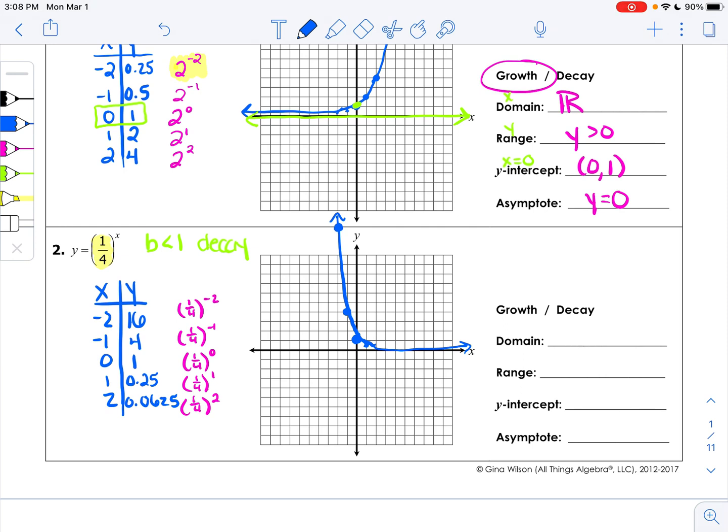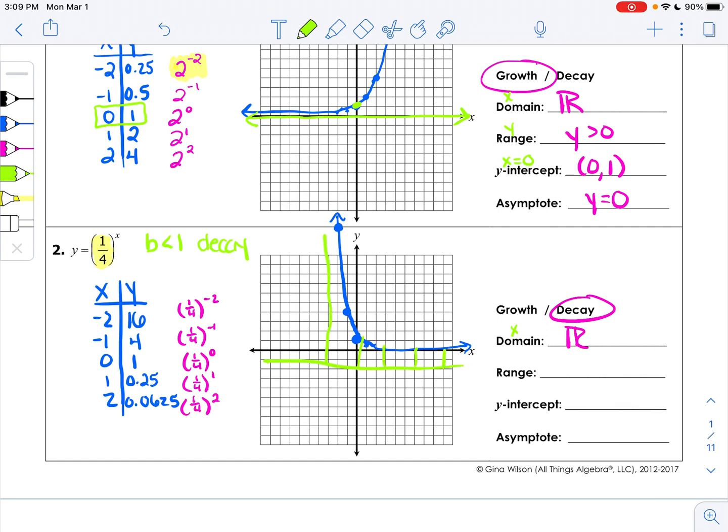And again, you can put y equals 1/4 to the x power in your calculator, and you can see this graph also. So, like we already talked about, this is a decay. Our domain, again, is all real numbers. Remember, our domain is our x values. So anywhere along this x-axis, if I go up, I hit my graph.